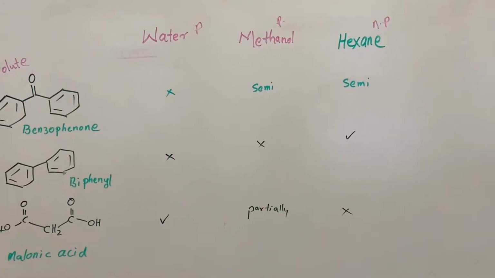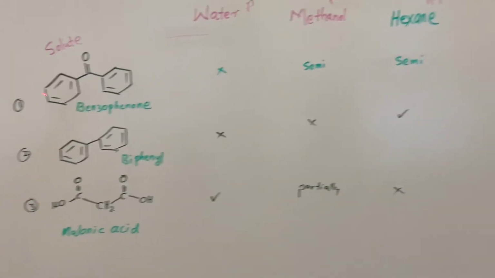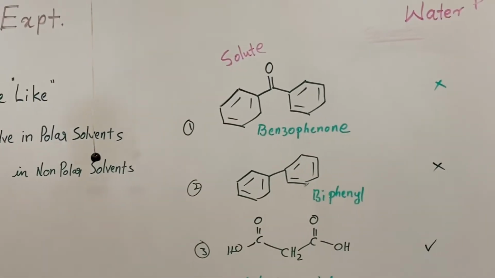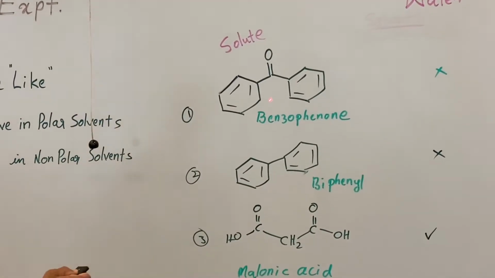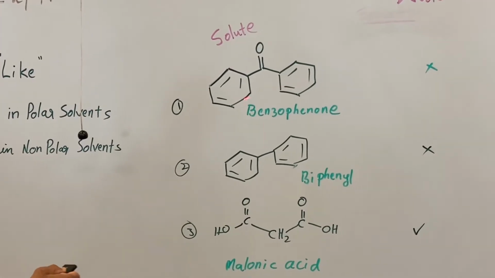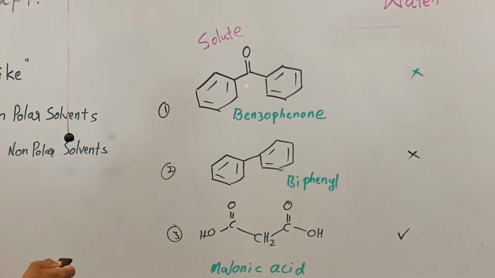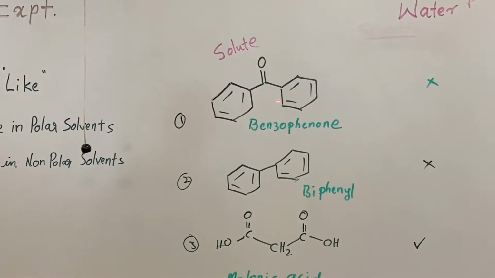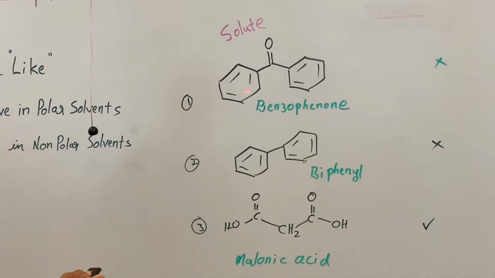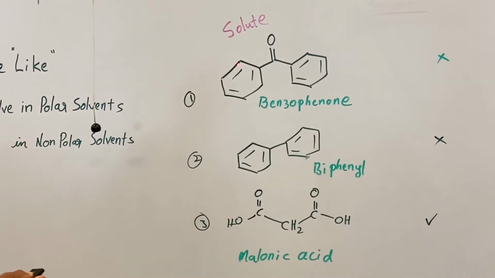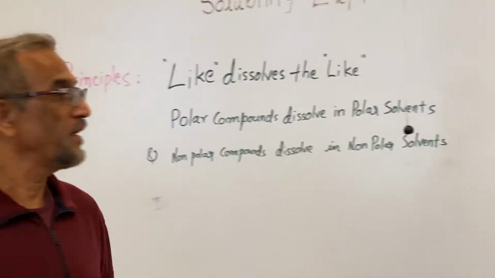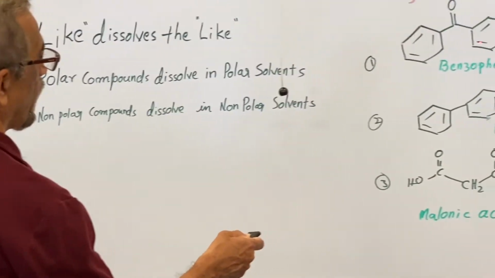Let's take a look at benzophenone. Whether it's polar or non-polar, you look at the structure: two benzene rings, one keto group. That means there is a small polar moiety, but there are big non-polar hydrocarbons. There is a C6H6, that means it's non-polar. Hydrocarbons are non-polar, right? So non-polar, non-polar, polar.